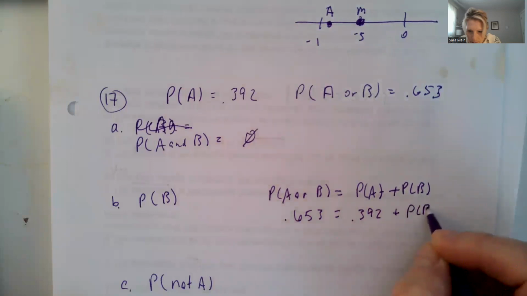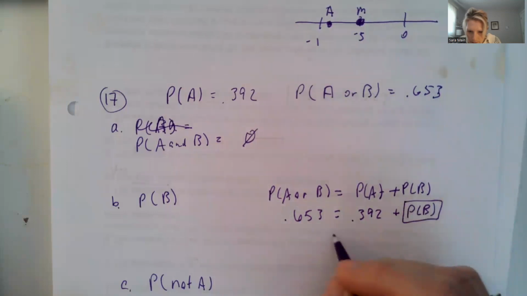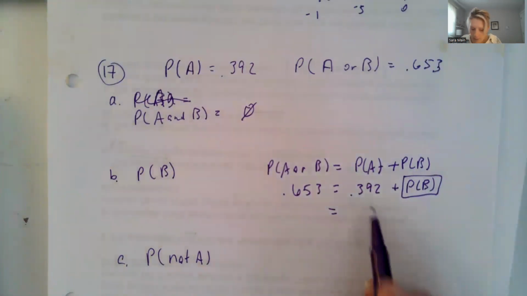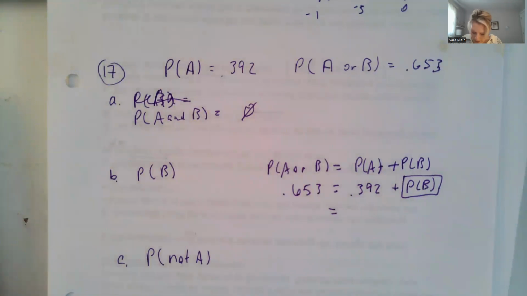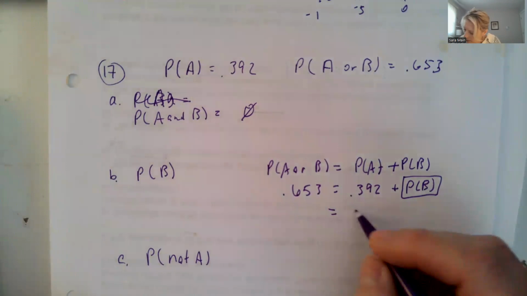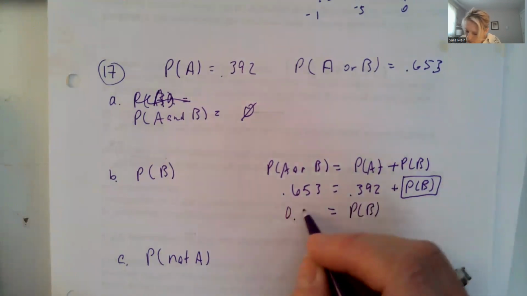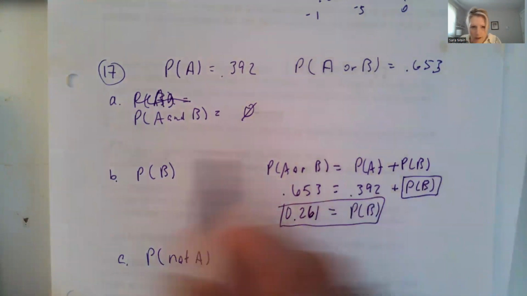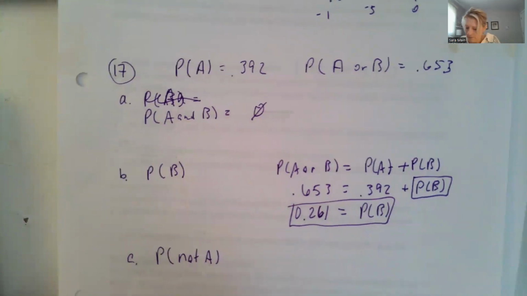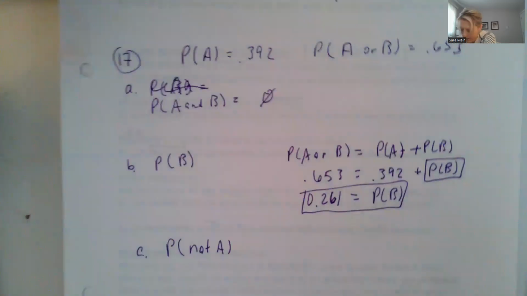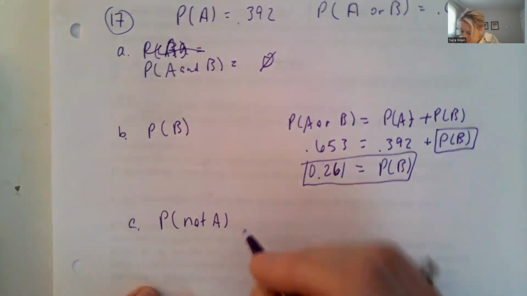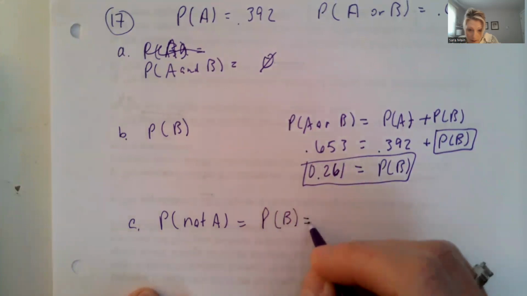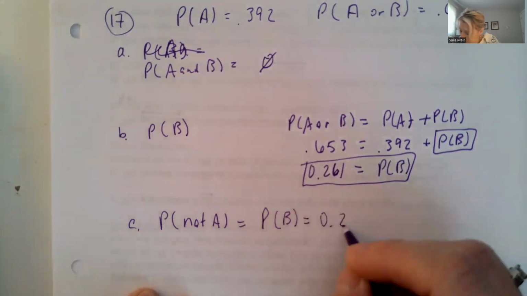And I want to find the probability of B. So I can subtract 0.392 from both sides and find out that the probability of B is equal to 0.261. And there's no overlap because they're mutually exclusive. Part C says, what is the probability of not A? Well, the probability of not A is the same as the probability of B because they are complements of one another. So that's just 0.261.